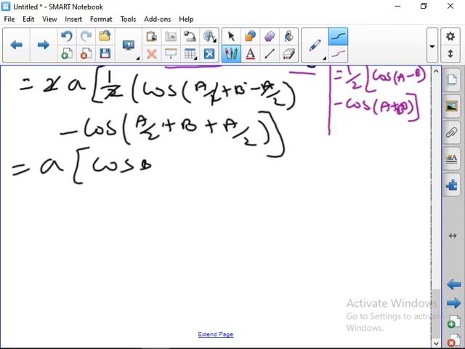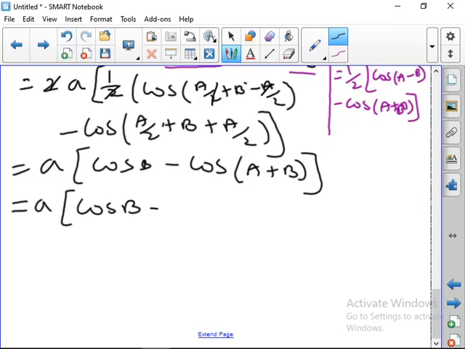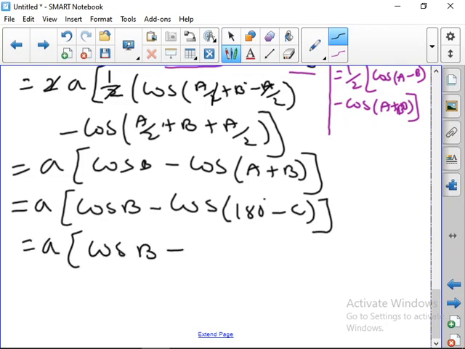Then cos B minus cos A plus B comes, right? A by 2 plus A by 2 will give you A. Isn't it? 1 by 2 plus 1 by 2 is 1. So A by 2 plus A by 2 will give you A. For cos A minus cos A plus B. So now this can be written as A into cos B minus cos 180 minus C or pi minus C. So what is cos 180 minus C?